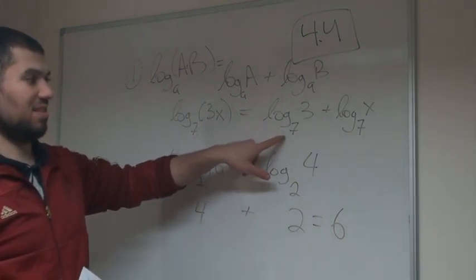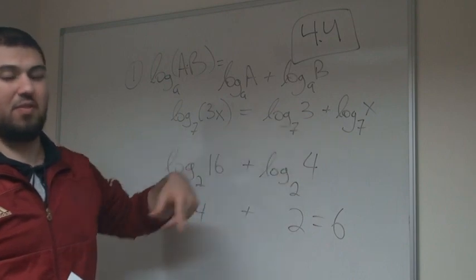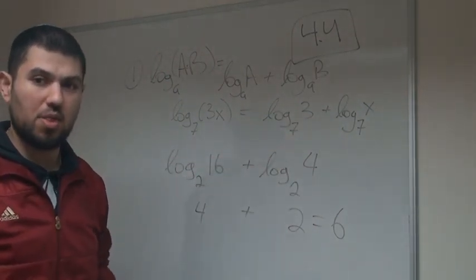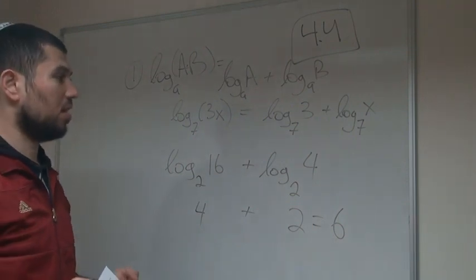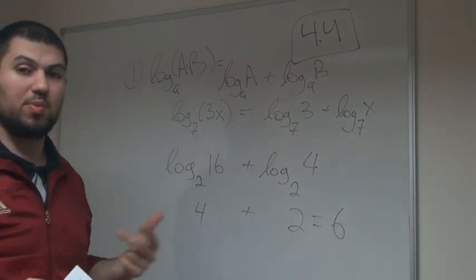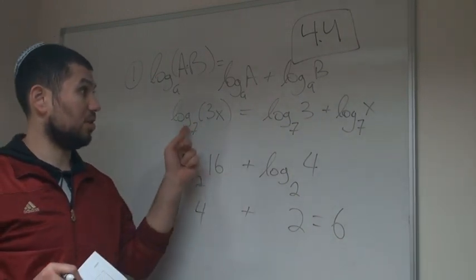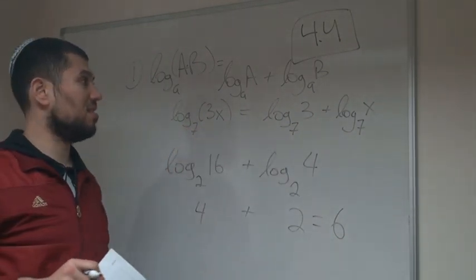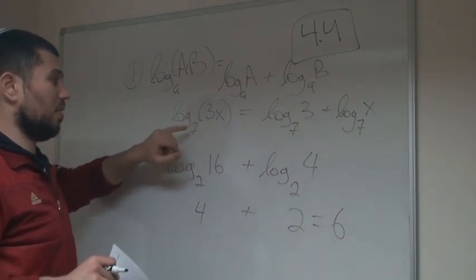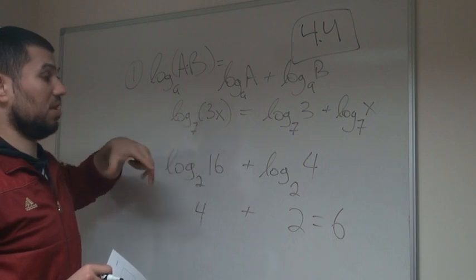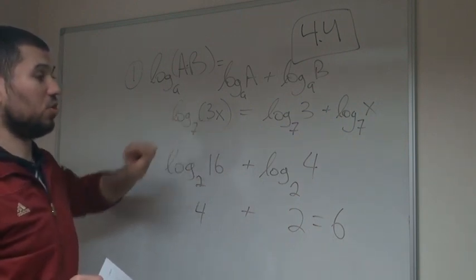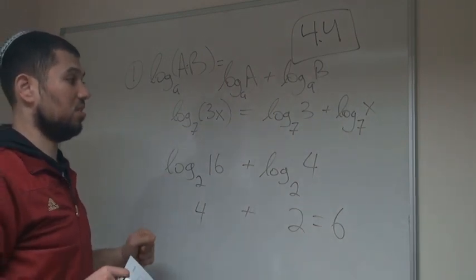Now, it doesn't necessarily mean that log to the base 7 of 3 can be evaluated cleanly. 7 to what power gives me a 3? It's not really so cut and dry. But we'll see when this is somewhat useful, especially within some of your practice problems. You're going to be using this theory here to be able to break up a term or a factor, let's say, and you can maybe potentially take the log to that base of each one of the individual factors. It would be easier to do that.